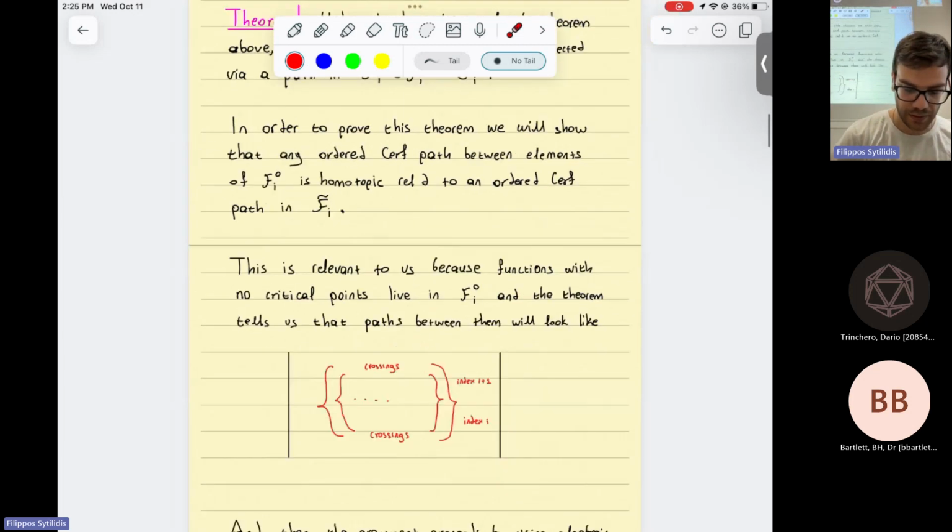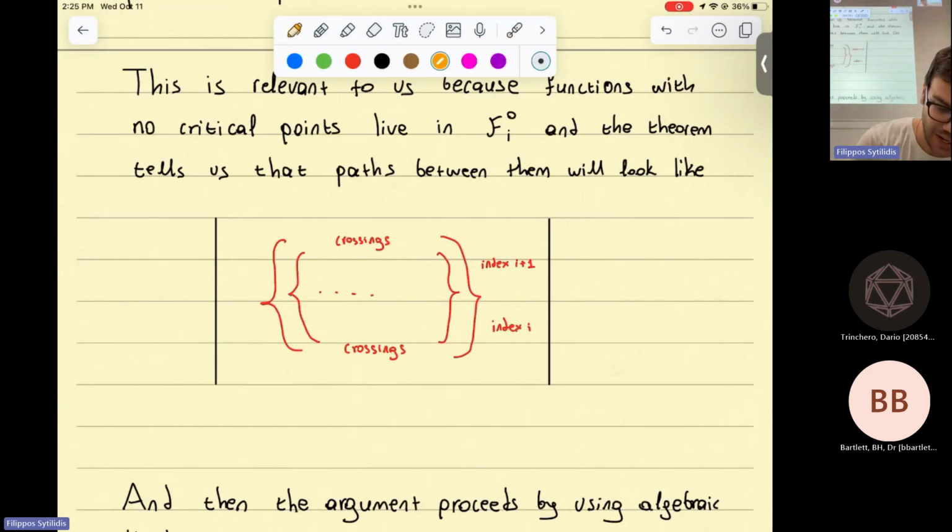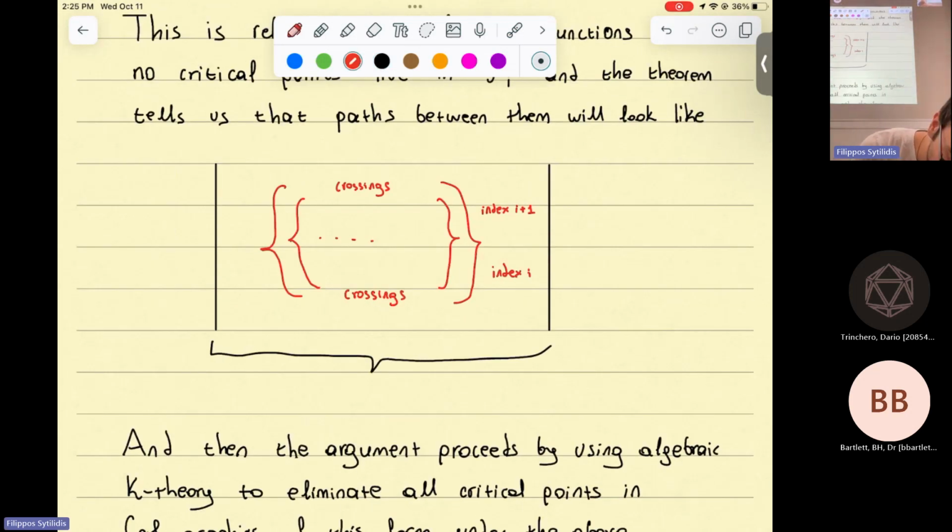Just maybe label your drawing a little bit. So that thing on the left-hand side is living inside. Yeah. So here, this whole thing is the Cerf graphic of a path in what I called above F tilde I, which was F0I union F1I.